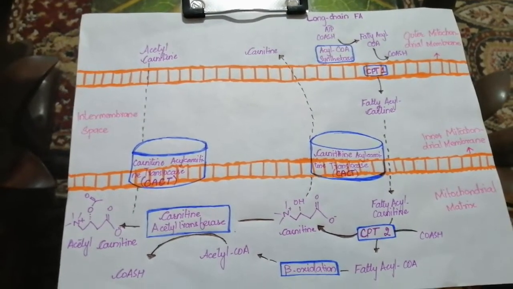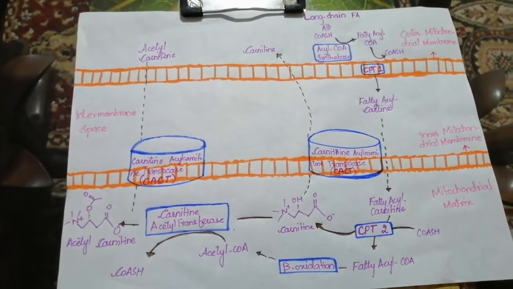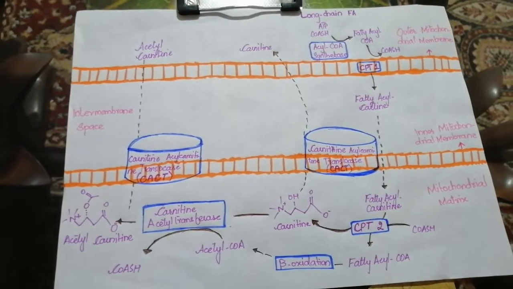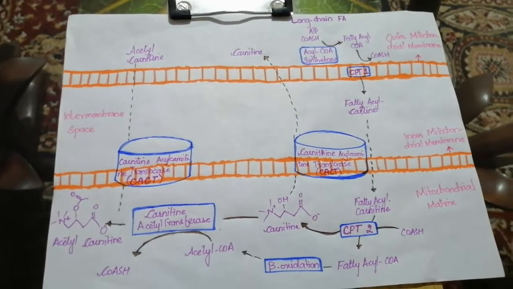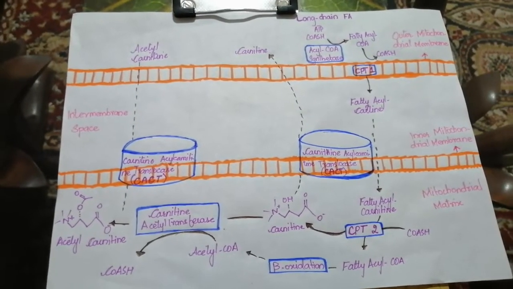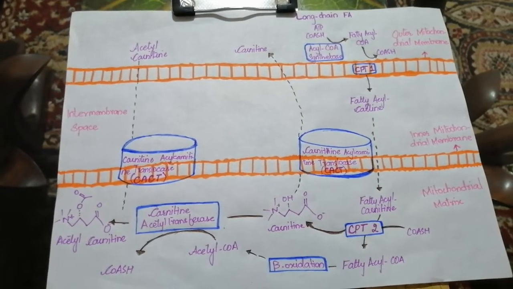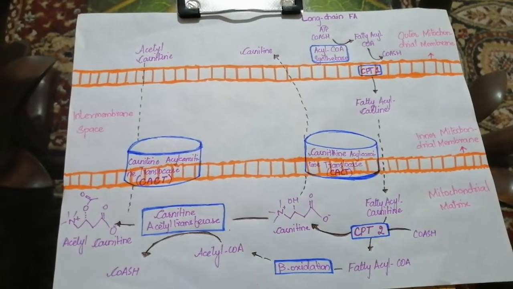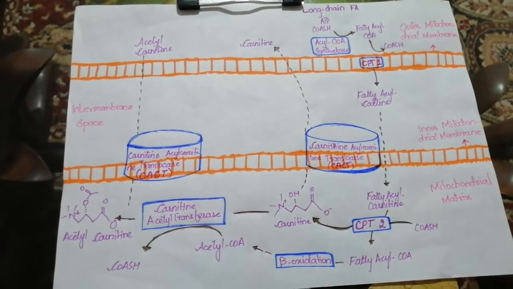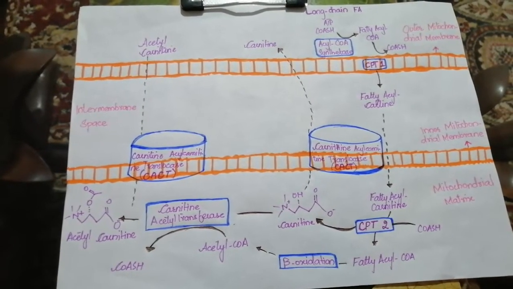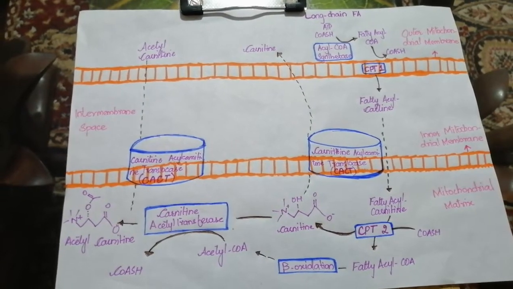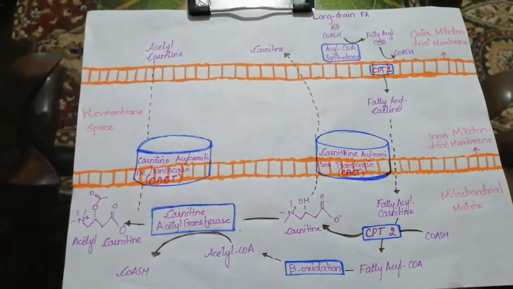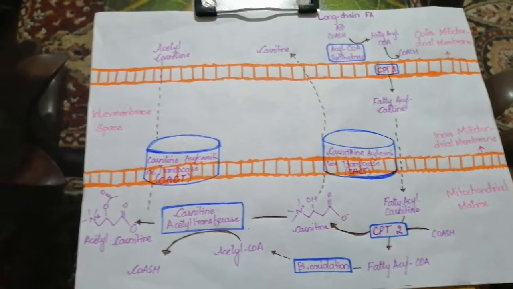CPT1 adds carnitine to fatty acyl CoA, releasing CoA, and makes fatty acyl carnitine. Instead of CoA, it gives carnitine. So it transfers from the outer mitochondrial membrane to the intermembranous space.